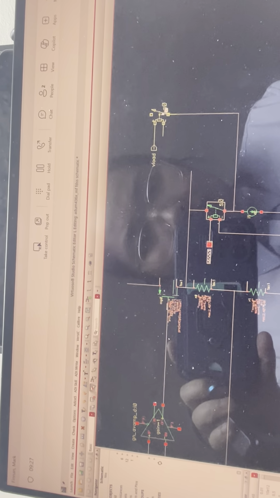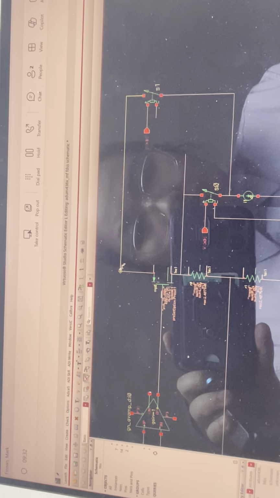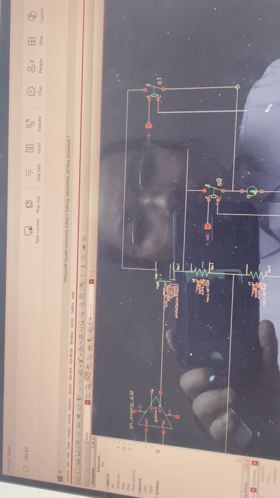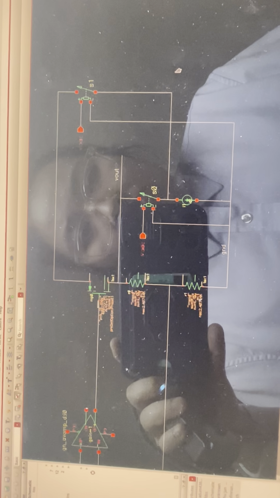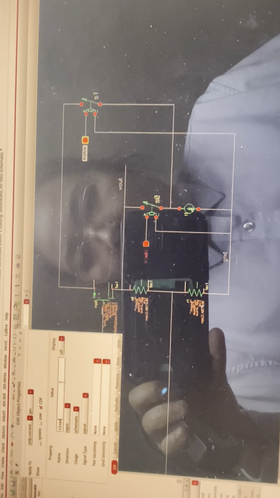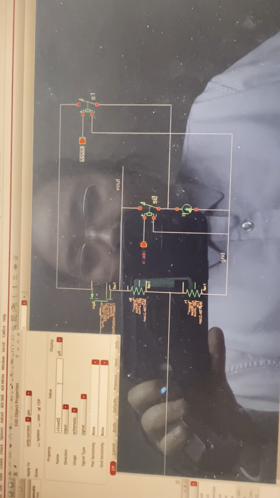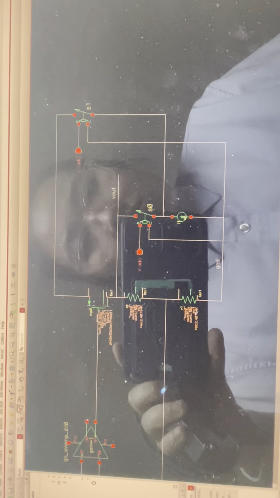So if we take our V load here, we did something like this. This is the V out here. Now if we say V load 2 here, you drive them with kind of the inverse of each other.